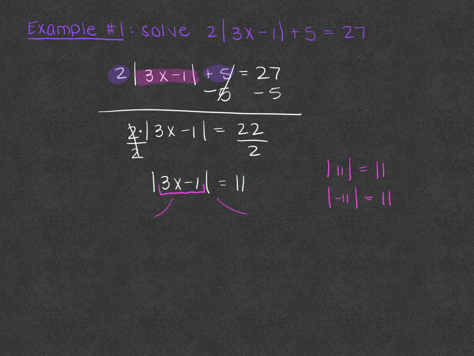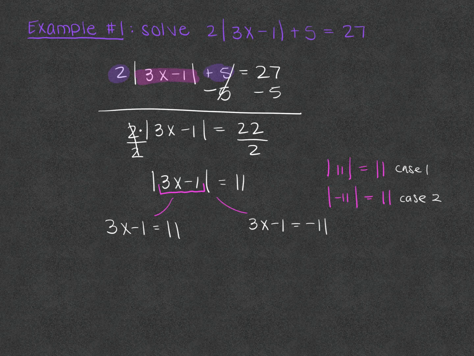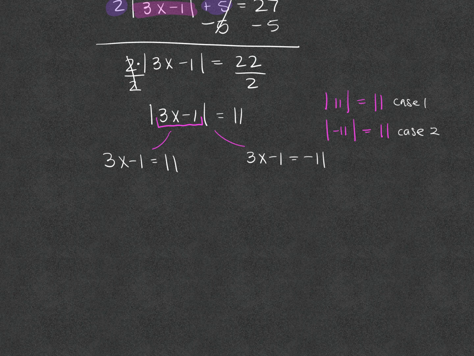So our first case is that 3x minus 1 could equal positive 11. Our second case is 3x minus 1 could also be negative 11, okay? That comes from this, case 1, case 2. And then we're solving. So we're going to get two answers for these types of problems, okay?